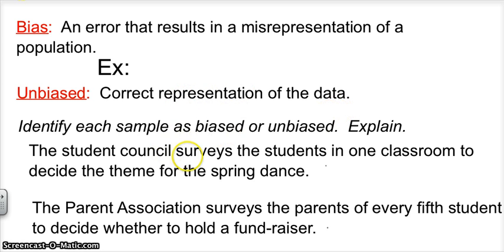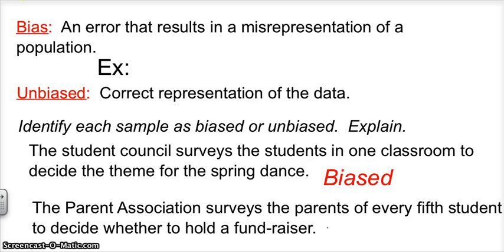So let's look at a couple examples. Here we have the student council surveys the students in one classroom to decide the theme for the spring dance. Is this unbiased or biased? It is biased because imagine the prom committee coming in here and asking you freshmen, what theme do you want for prom? Would that be fair to the juniors and seniors?